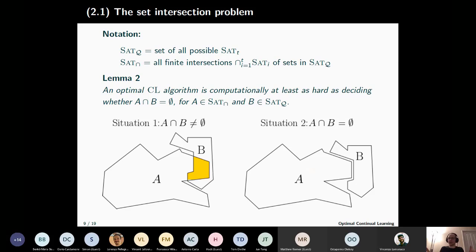Because for optimal continual learning, you need to find one of those parameter values. So deciding whether or not it even exists is less hard. You'll be familiar with this notion if you've run into complexity theory. It's usually called the decision version of an optimization problem. And so what we're saying here is that optimal continual learning is at least as hard as deciding whether the intersection between sets in these two collections of sets is empty or not, aka whether there exists a theta or it doesn't.